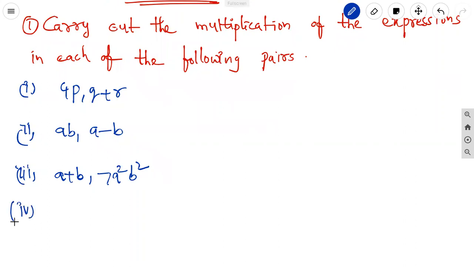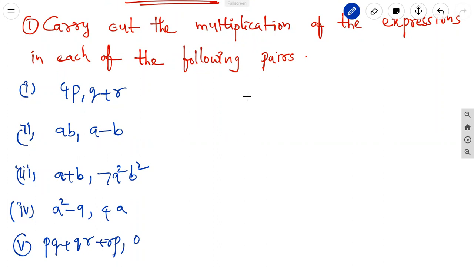Fourth one, a square minus 9 comma 4a. Fifth one, pq plus qr plus rp comma 0. Take the product of the monomial and polynomial. Product or multiplication, both are same.